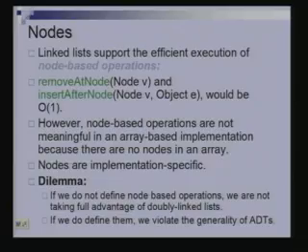So, linked lists are better at supporting node based operations. I have a linked list, I tell you this node, delete this node, then if it is a doubly linked list, you can delete that node in constant time. Or if I say insert a new node after this node, I can do that in constant time. Or if I say insert a node before this node, again I can do it in constant time.